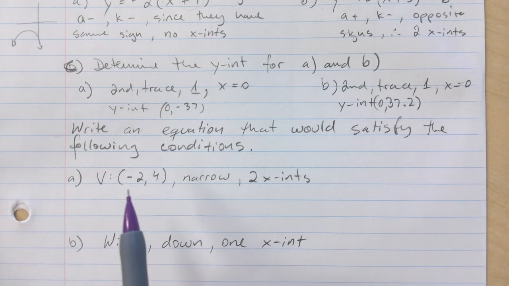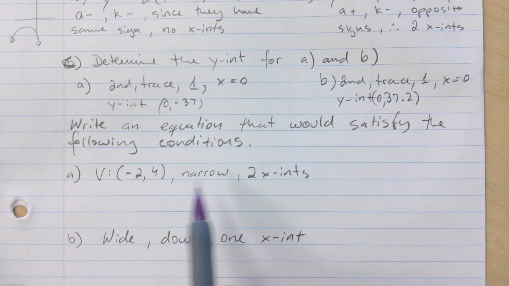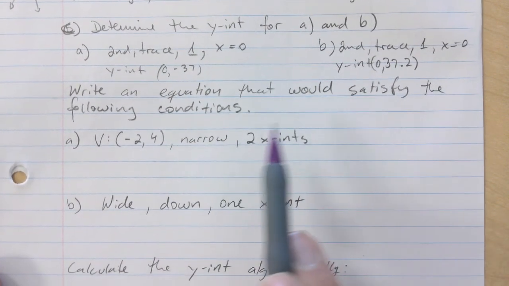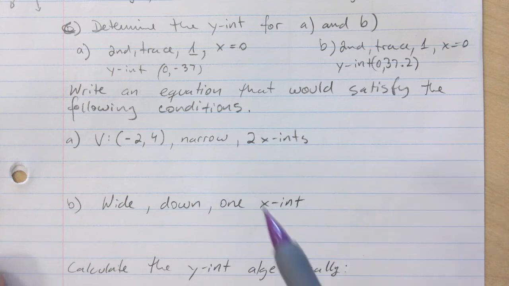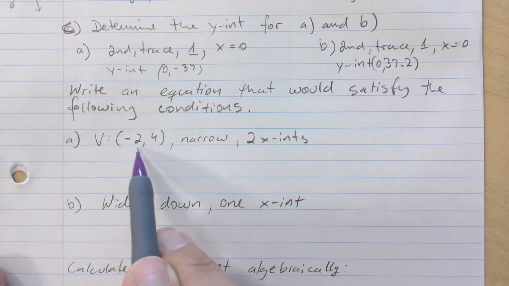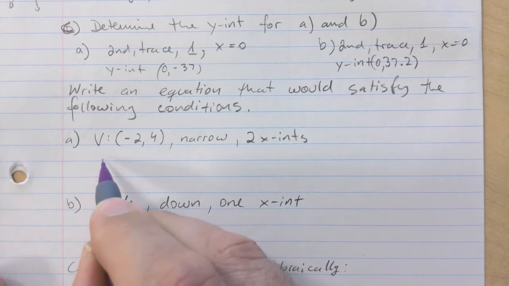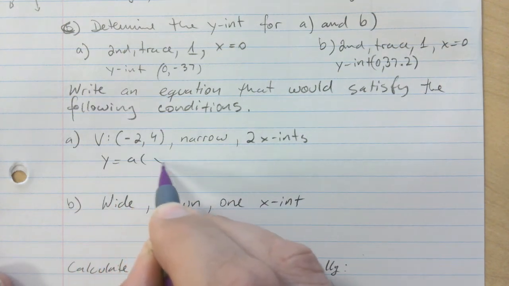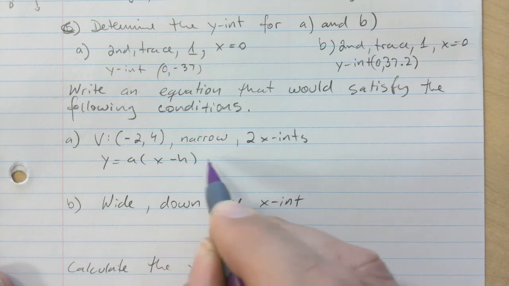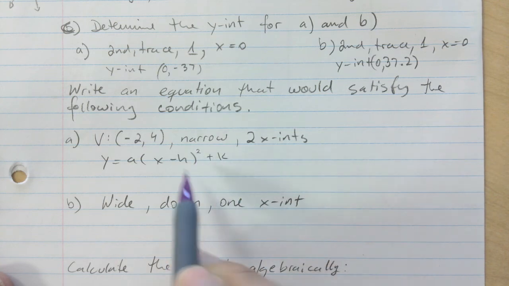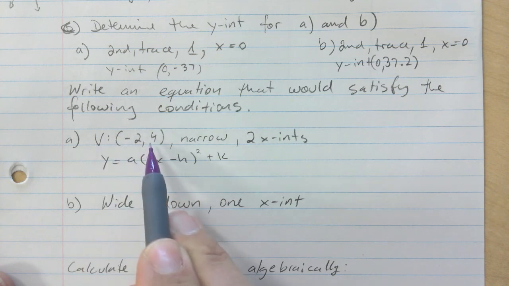Okay. I'm just going to do A, and then I will give you some homework. Write the equation that would satisfy the following conditions. This is the vertex, you want it narrow, and you want 2 x-intercepts. So we know that we need it in descriptive form because the vertex is provided to us.